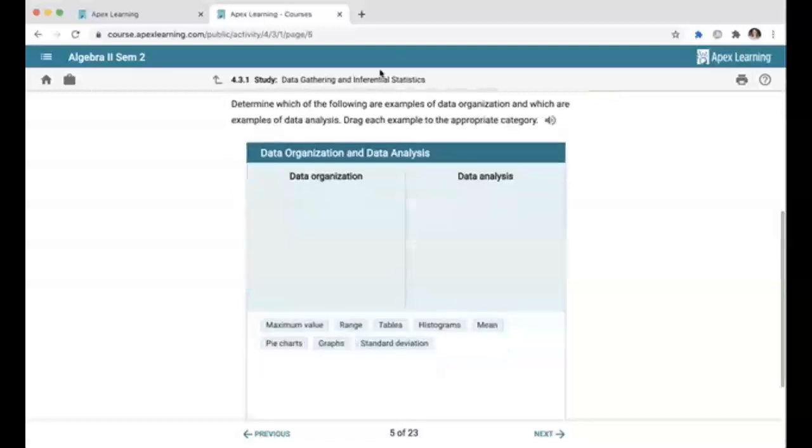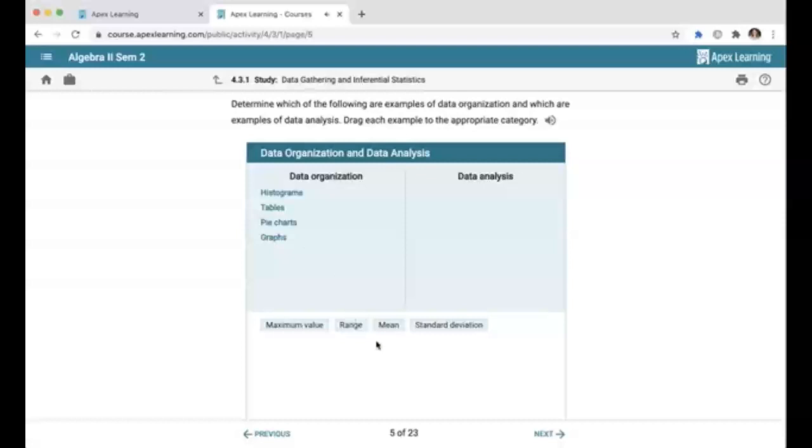So an example of this would be a histogram. A histogram is data organization, right? It makes a really pretty table, it shows us a graph. Same thing, tables would be organization, pie charts, graphs.